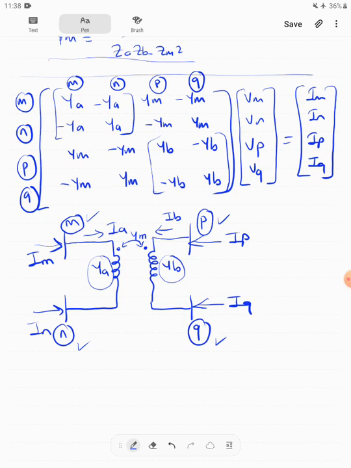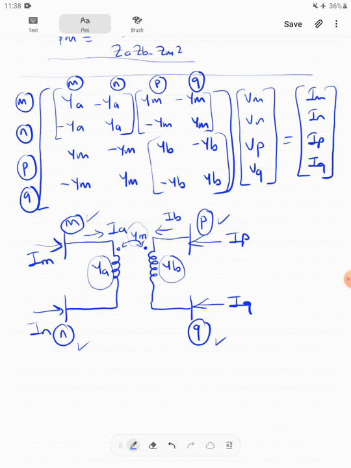What about YM, mutual admittance, which is written here? Yes. As you see, we can draw another 2 by 2 square matrix like this. And let's see what the bus names are in the rows and in the columns.